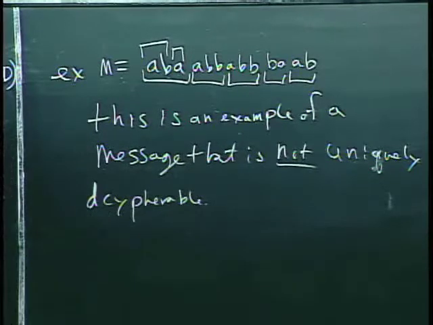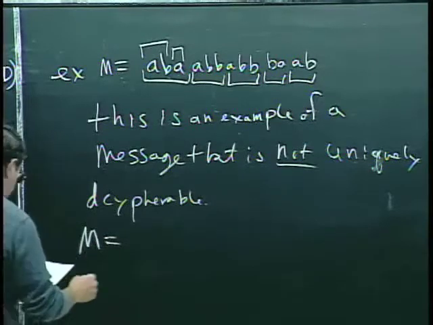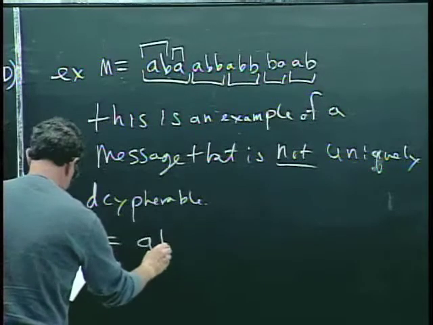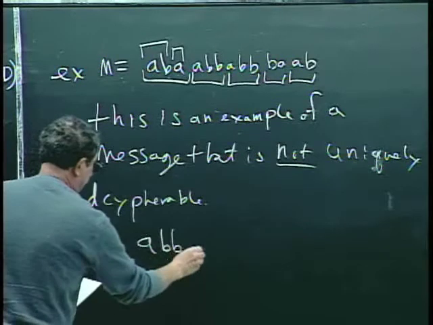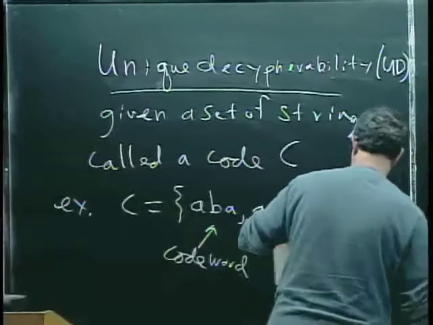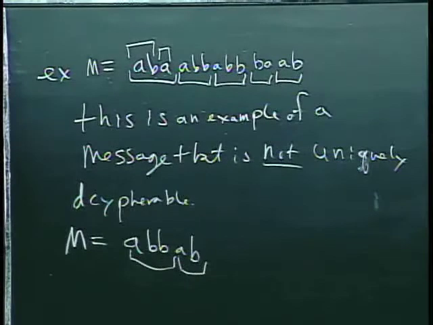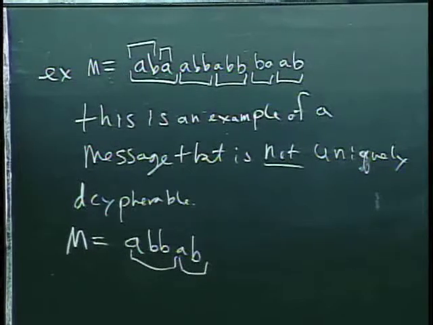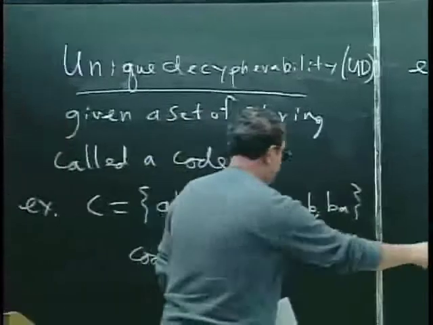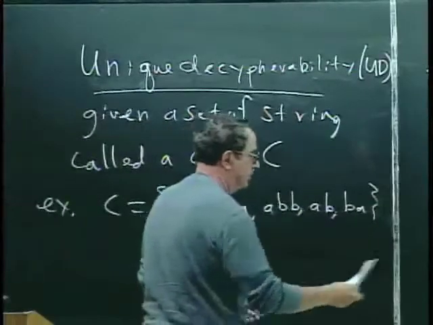On the other hand, if we use this message, A, B, B, A, B, how do we parse that? That's ABB followed by AB. Is there another way of parsing it? The longest code word is 3, so there's no longer one than that.